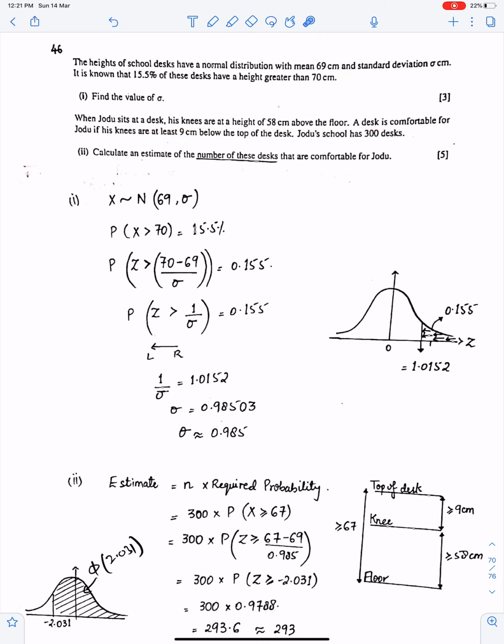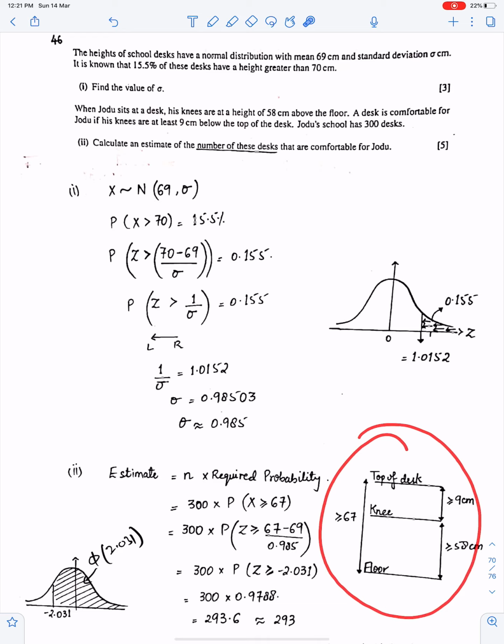You can understand this concept through this sketch. See, this is the knee of Jodo. This is the floor. And if his knees are at least 9 centimeter from the top of the desk, then the desk is comfortable. This is the distance from floor and this is the distance of his knee from the top of the desk.